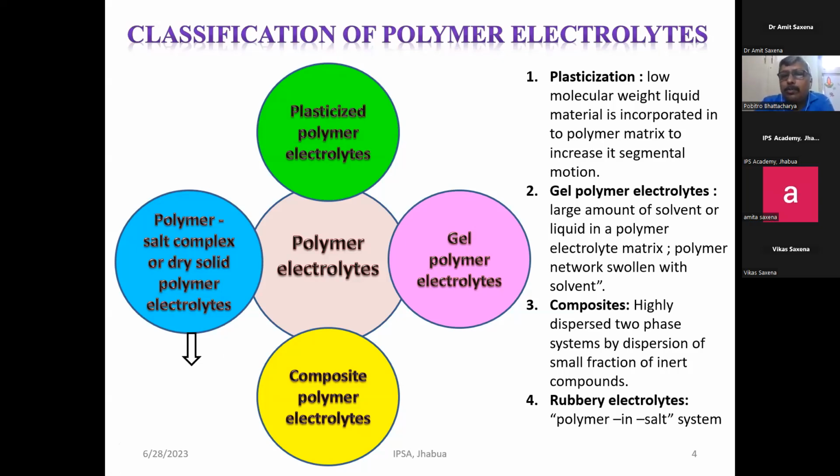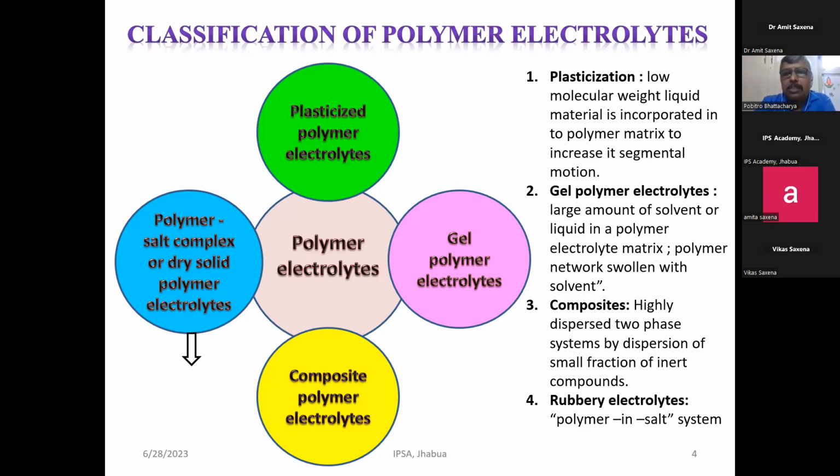So the solvent category, now generally we don't name it like that. Earlier we used to call them solvent polymer electrolytes, and the most common member there was PVA, polyvinyl alcohol. This is a very common type of polymer we often use in paints and adhesives, where incorporation of water molecules inside the polymer network makes it swell up, and then the ions, most commonly the H plus and OH minus ions, move very fast.